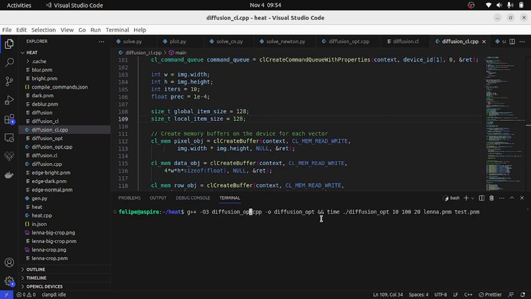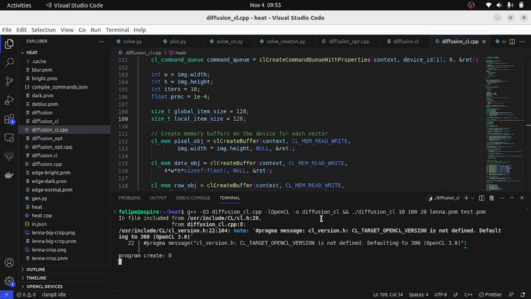So it is diffusion CL. I have to link OpenCL, and here it is CL, and we can just run this, and you see that it will actually run. Create the program, build.